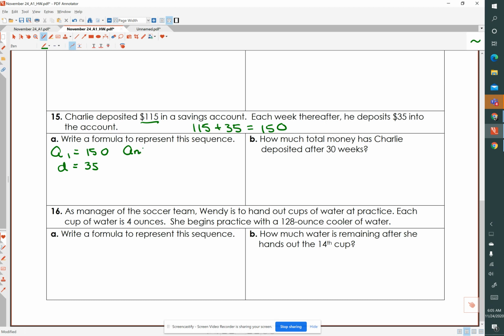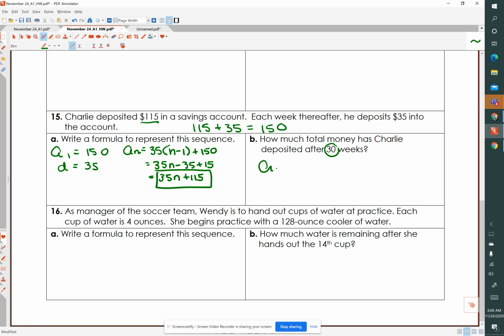Let's write our rule. A sub n equals 35 times the quantity of n minus 1 plus 150. And so that would be, distribute first, 35n minus 35 plus 150 would give us 35n plus 115. That's our formula. Now we want to know how much he has deposited after 30 weeks.